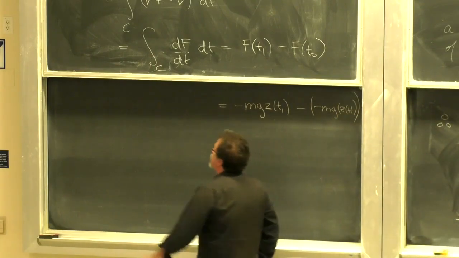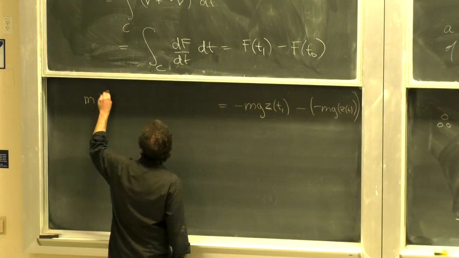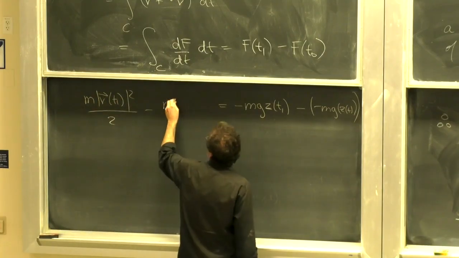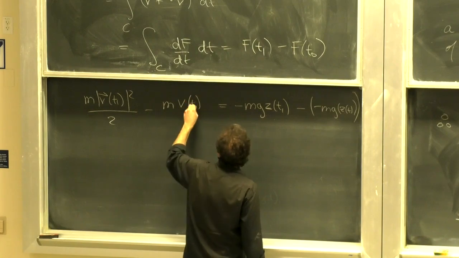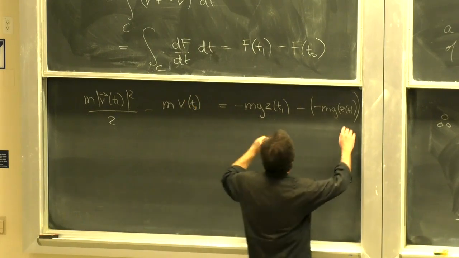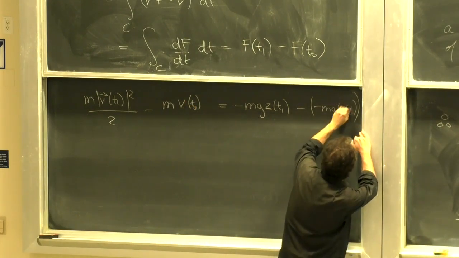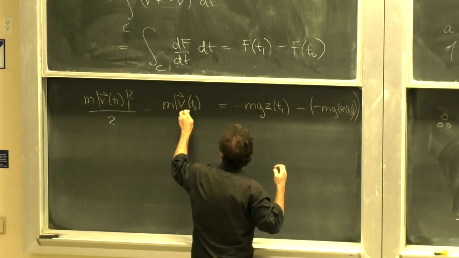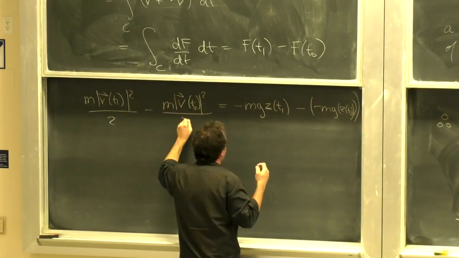And that was m times the magnitude of v of t1 squared over 2 minus m times the magnitude of v of t0 quantity squared over 2.